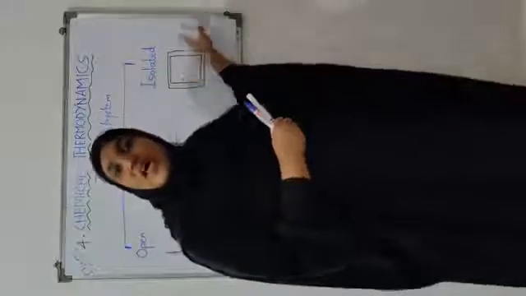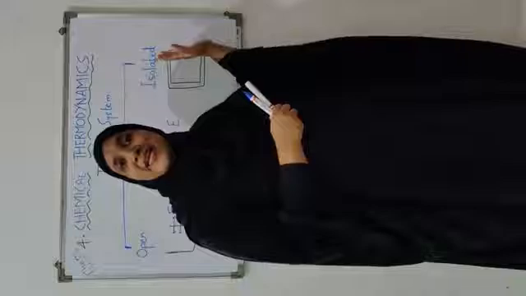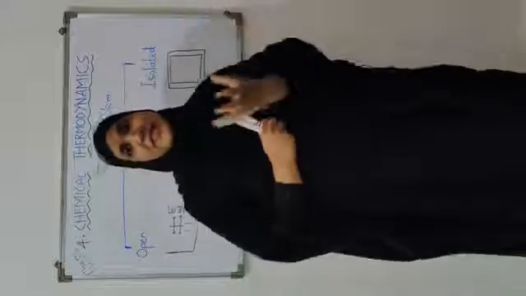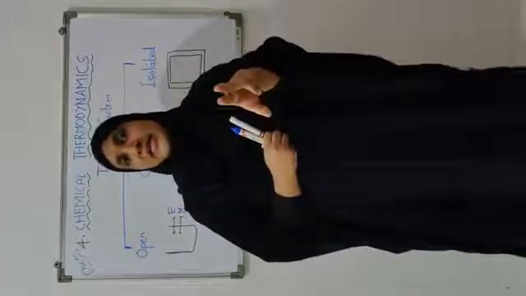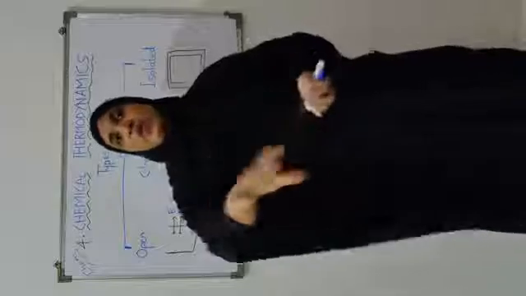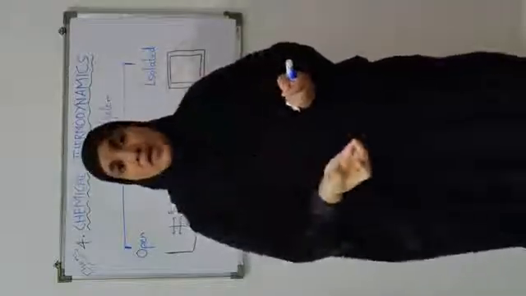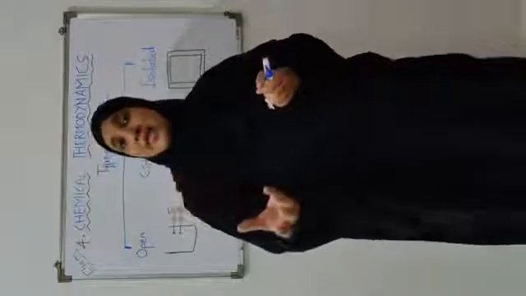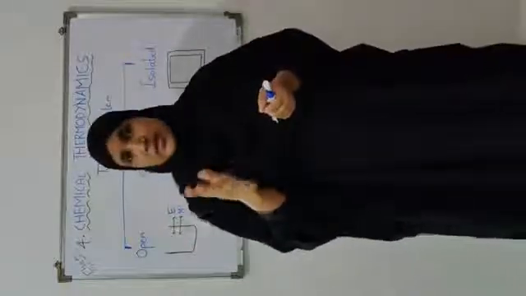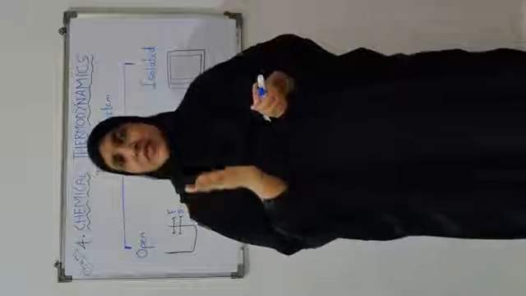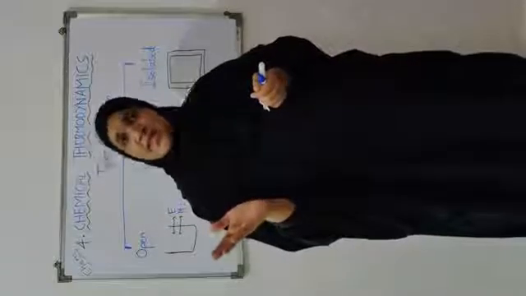It will not allow the exchange of heat or energy with the surrounding. For example, thermos. When we take thermos, if you keep cold water in that thermos, it will remain cold. If you keep hot water or hot milk in it, it will remain hot. So energy is not able to exchange with the surrounding.